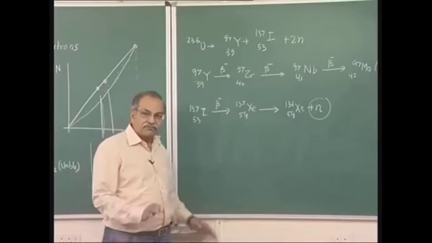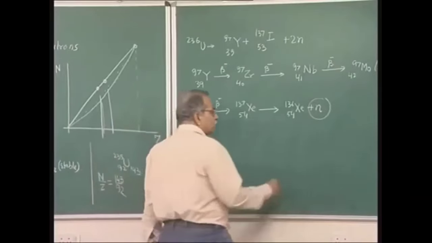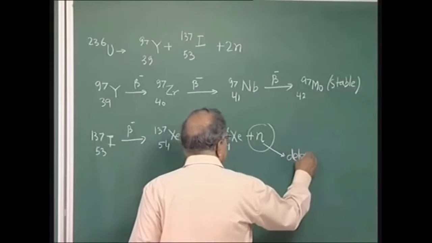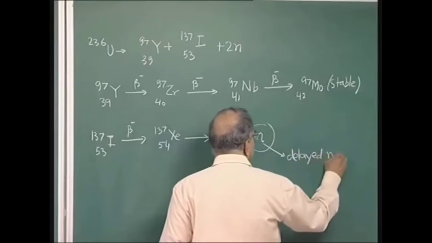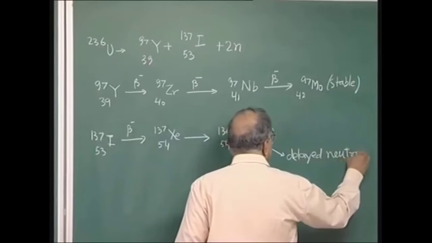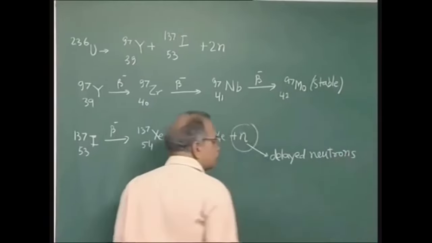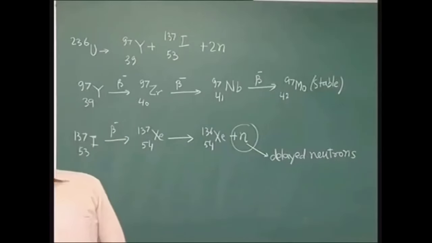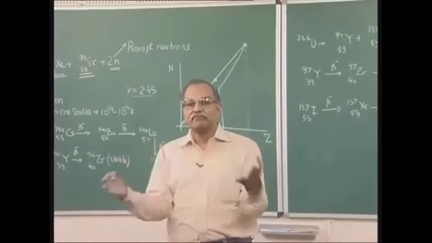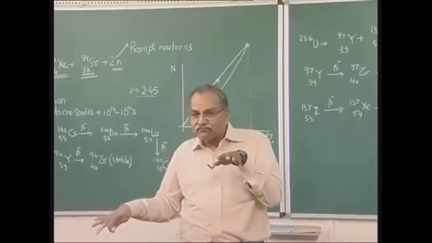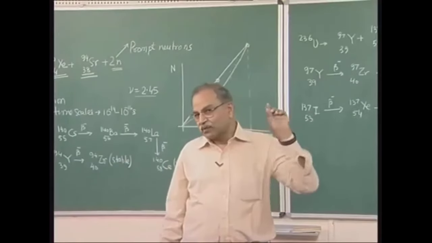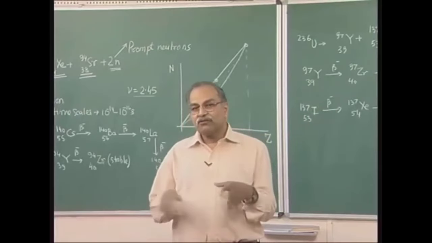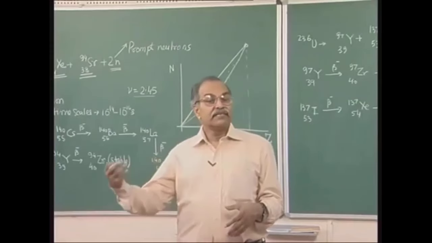These types of neutrons are called delayed neutrons. That means the fission event has taken place, prompt neutrons have been emitted, and after a long time, as compared to the time scale of 10 to the power minus 16 seconds of fission, yet again we get some neutrons.